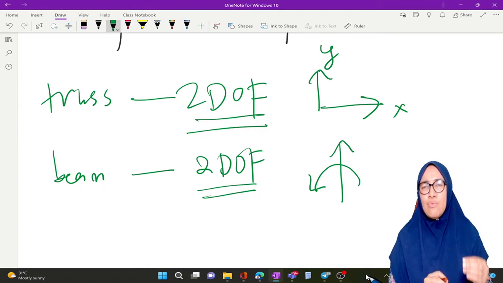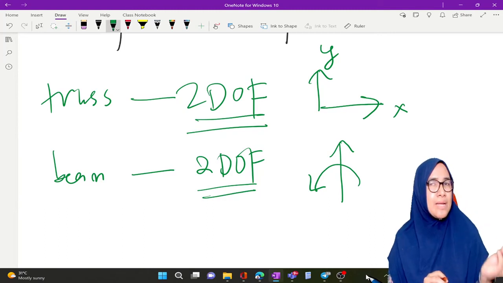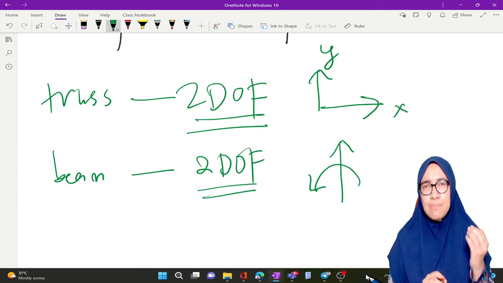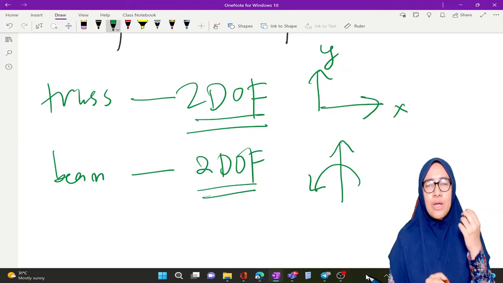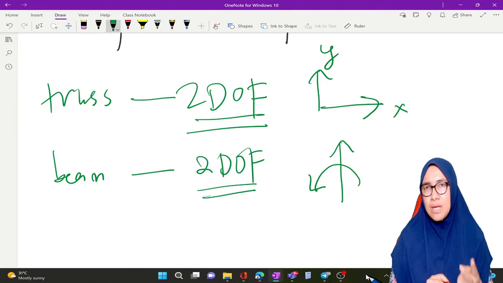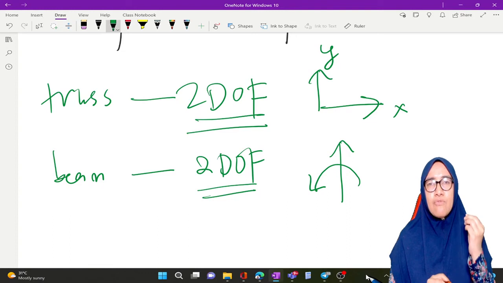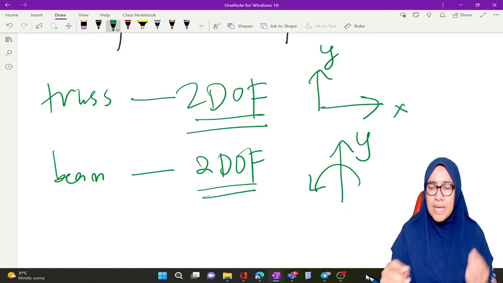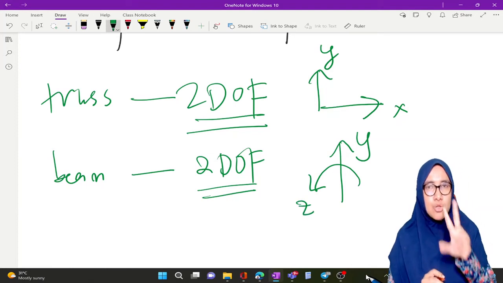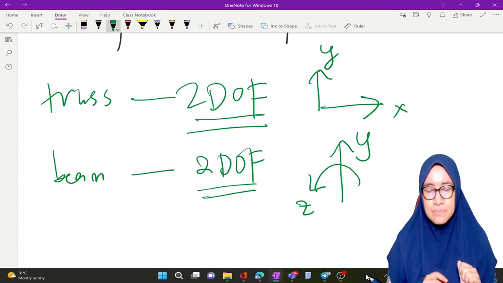That is why we do not have to count X as a degree of freedom in beam. So we remove the X component in beam. So we only have 2 degrees of freedom for beam, in Y component and Z component.